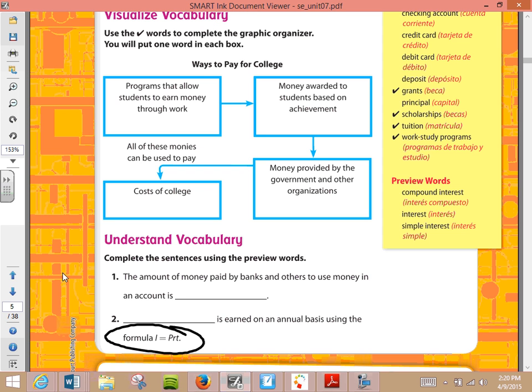Those basically are, for example, when I go to a different university, if I don't get one that pays for my entire tuition, then I have to look for a work study program. That means I'll be working for some aspect of the university, and instead of getting paid, they're giving me free tuition. I'm just getting free classes.